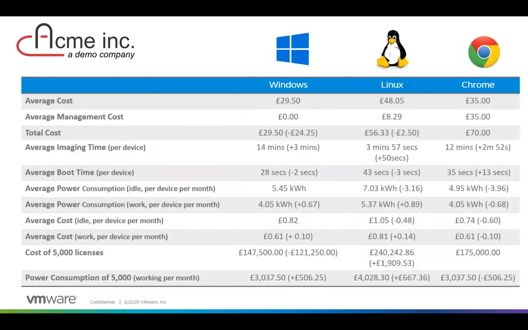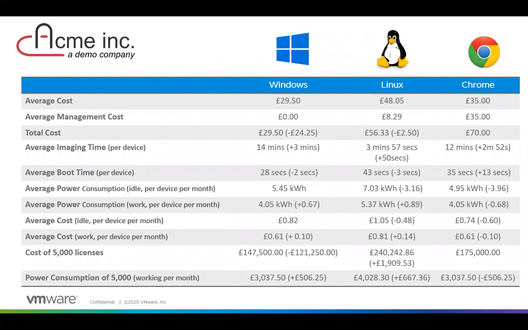So if we go to this next table, similar to the way we did it in the previous slides, you've got brackets that show the difference. In terms of things like imaging time, conversion and boot times, there's slight ups and downs and some little changes. Power consumption has changed in some. If you look at power consumption for Linux, it's come down quite a bit.